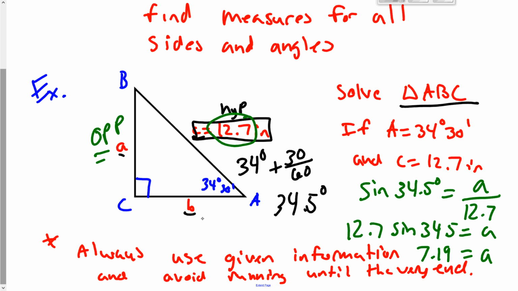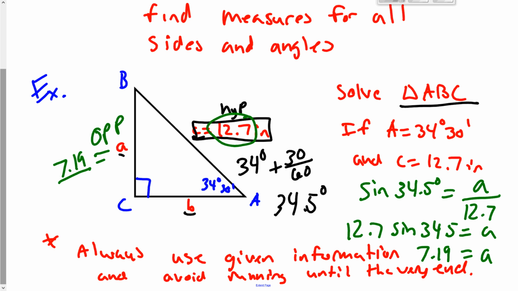Now we need to find side b and angle B. Because I rounded a to 7.19 inches, I don't want to use a, so I don't want to use the Pythagorean theorem to find b.